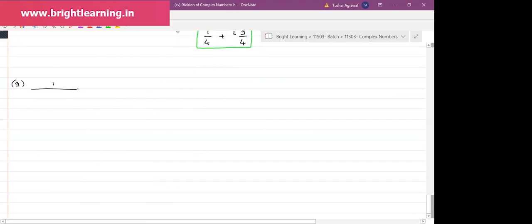In your class, trigonometric functions have been completed, so for your class I can definitely give the sum: 1 upon 1 plus cos theta minus i times sine theta, expressed in the form of a plus ib.